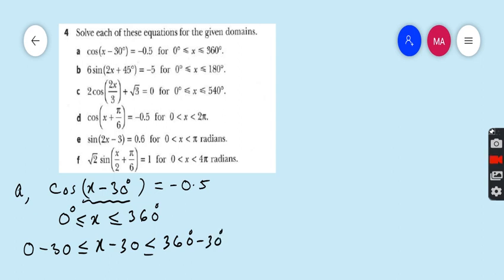We have to do this in each and every part of question number 4. 0 minus 30 degrees is minus 30 degrees, x minus 30 degrees, and 360 degrees minus 30 is 330 degrees.